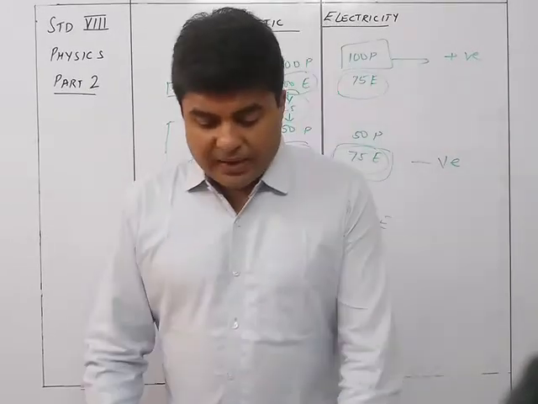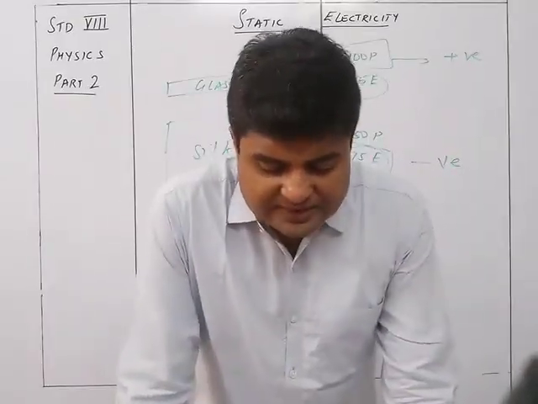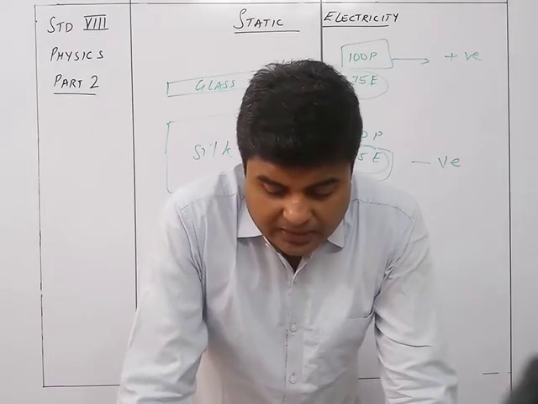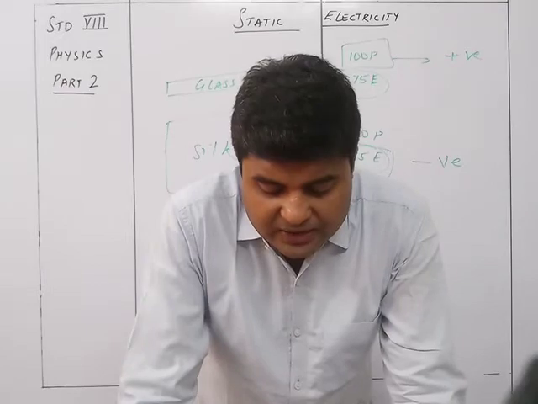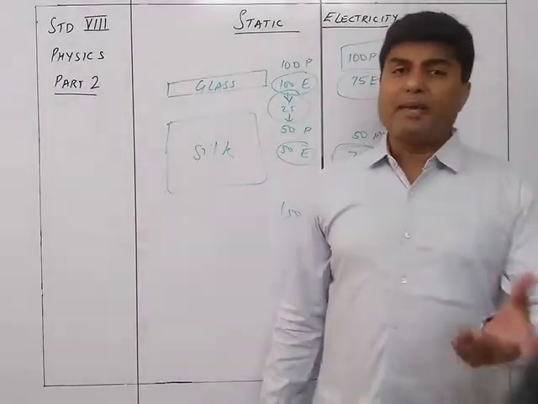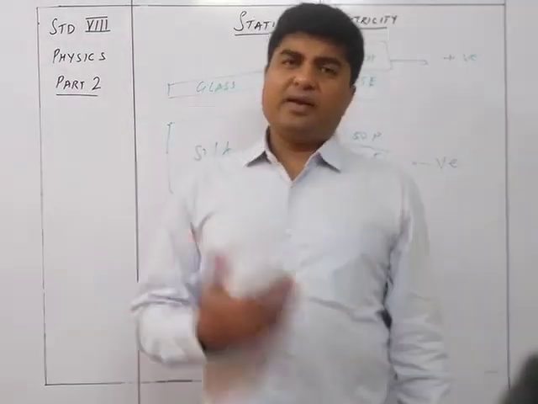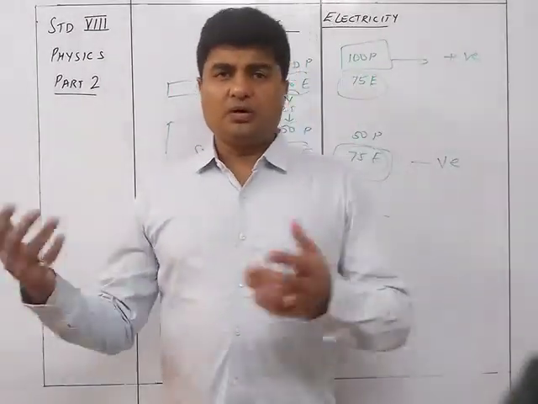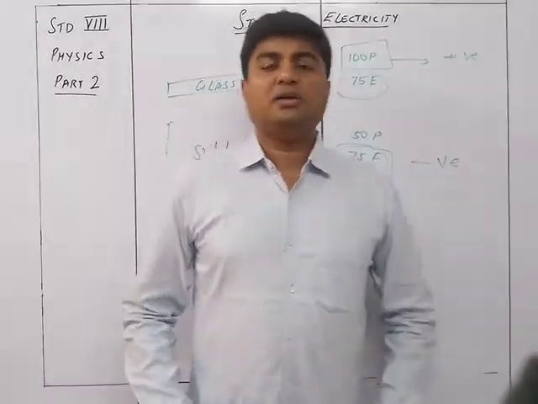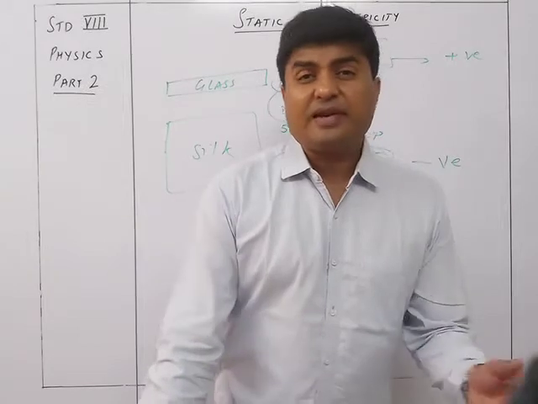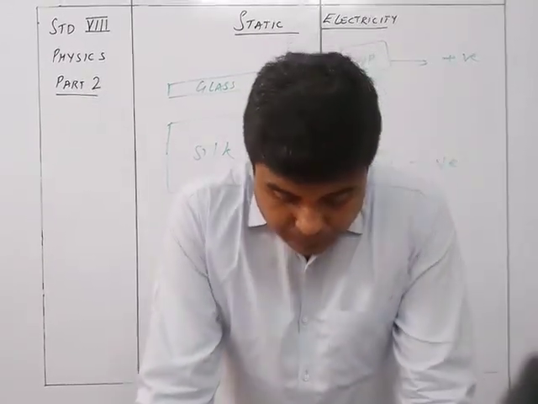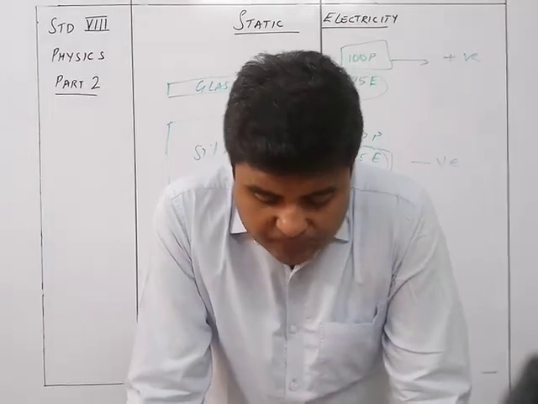So let's see. In class 7, you have learned that substances such as silver, copper, aluminum, iron, brass, steel, mercury, carbon, human body, etc. are conductors of electricity. That means they allow electricity to pass through them. Most of the metals like aluminum, gold, silver, and even the human body allow electric current to pass through them, and hence they are called conductors.